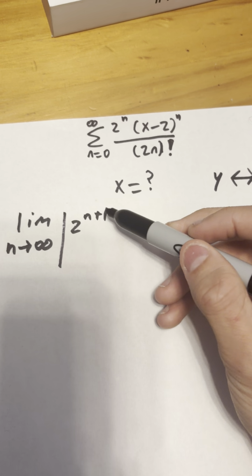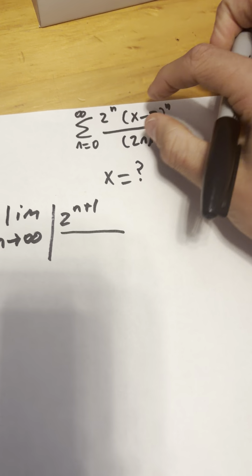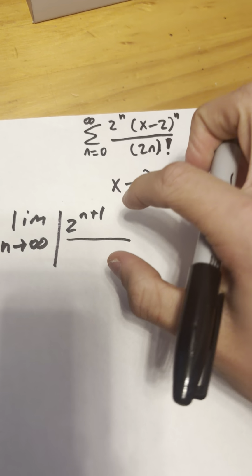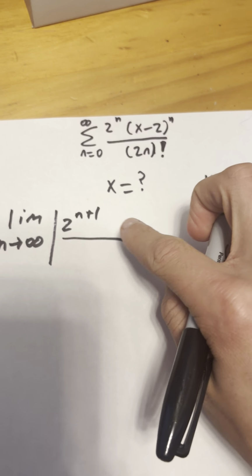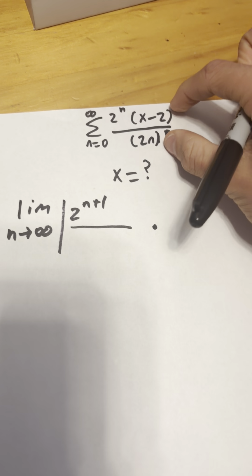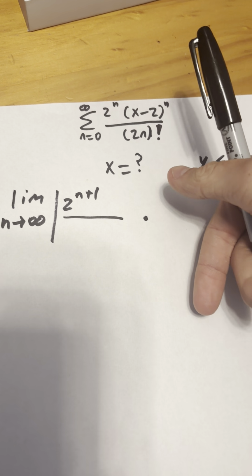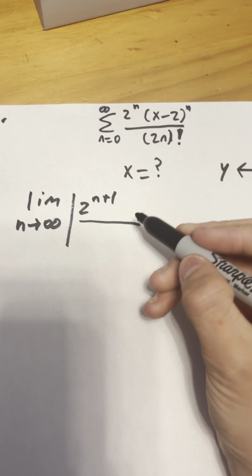So ratio test, remember, you just write this over here, but every n you do n plus 1, and then you multiply it by this flipped over. It's the reciprocal with no n plus 1. Here, I'll write it out.